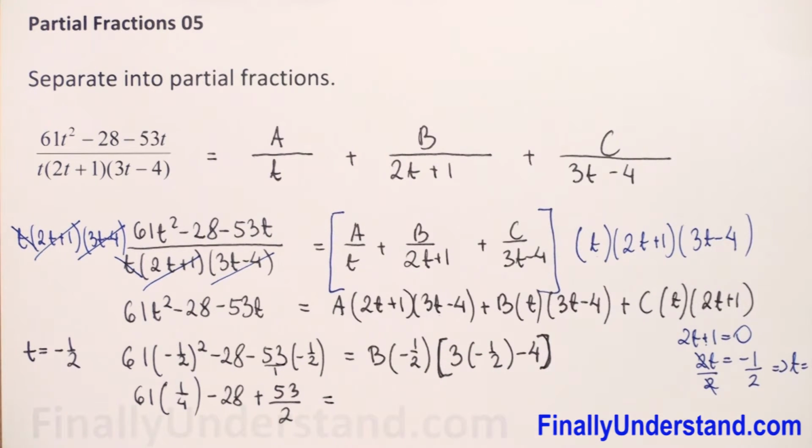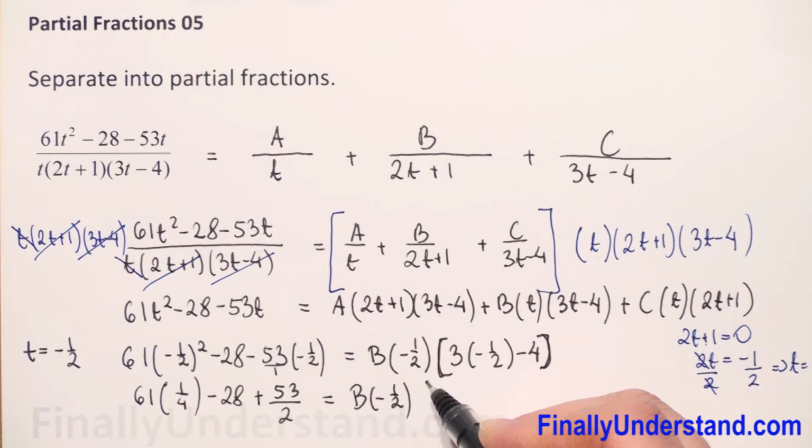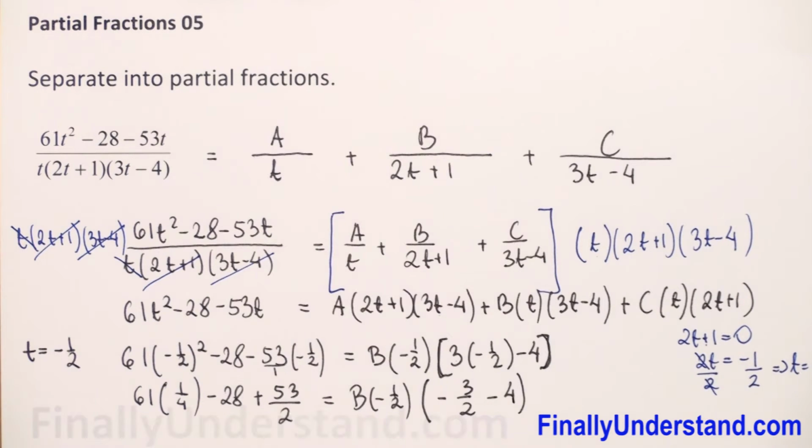So this is equal, and we will have b times negative 1/2, and now in brackets we will have 3 positive times negative, so will be negative. I can write now parentheses. Negative will be 3 times 1 is 3/2 minus 4, close parentheses.